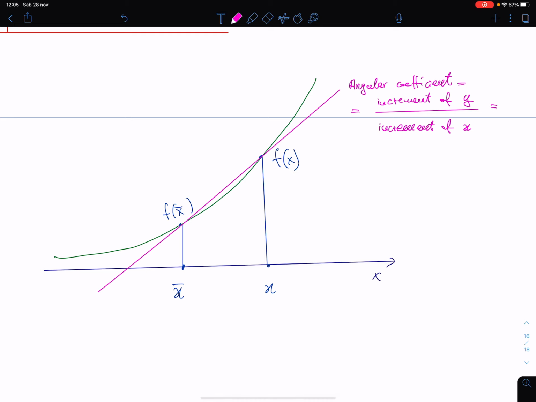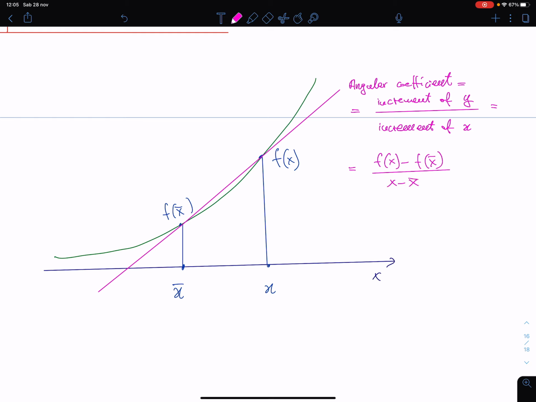And so you have that this is equal to the increment of the y value, f of x minus f of x bar, divided by x minus x bar.